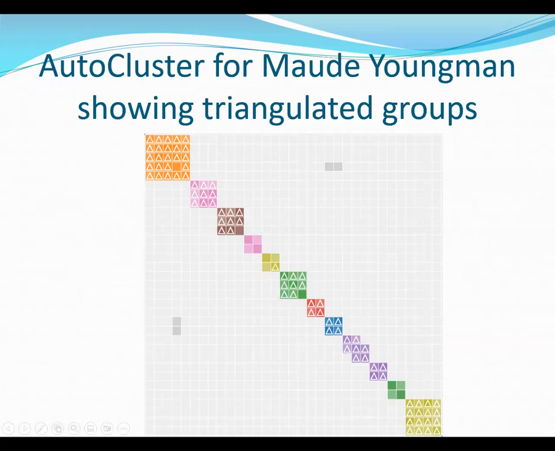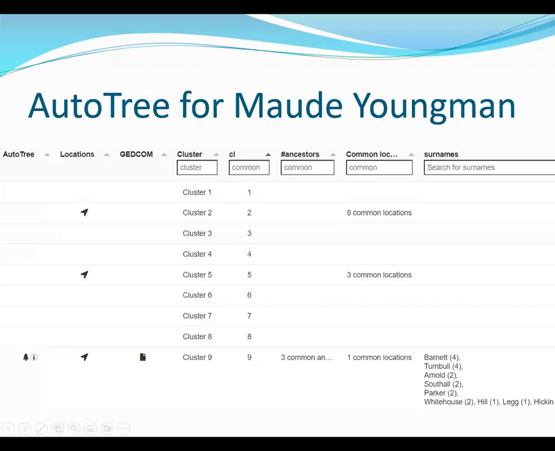Here's the output for my grandmother showing various different triangulated groups. Here's the AutoTree for my grandmother showing the output. If I create that, you can click on those little arrows and get the shared locations, and it shows the various different clusters, and then surnames are down on the right side.